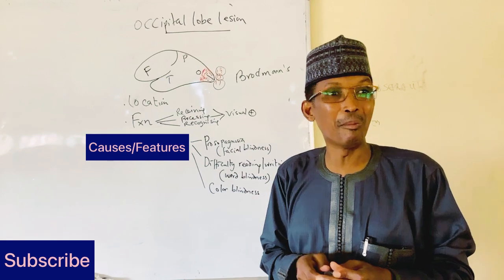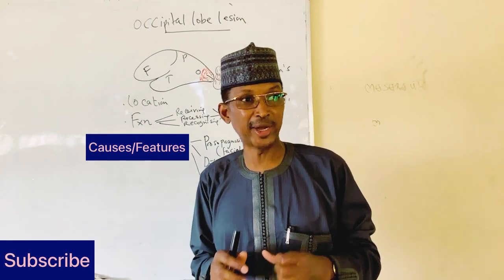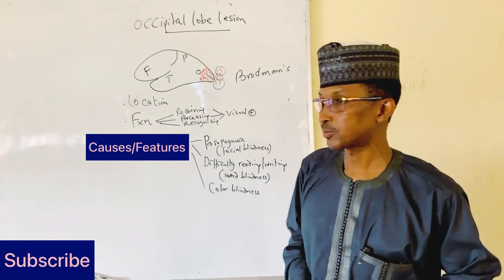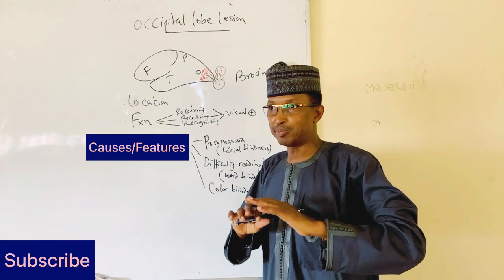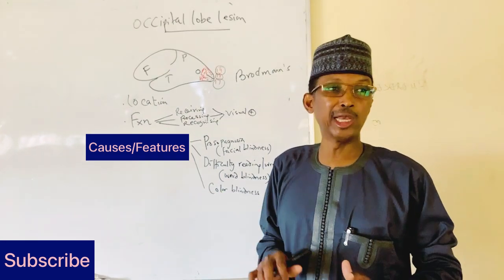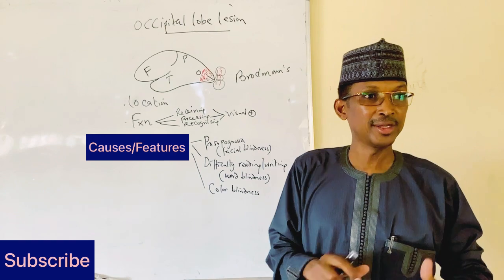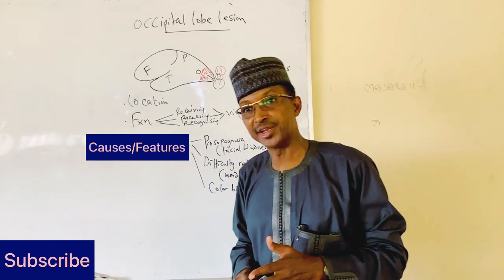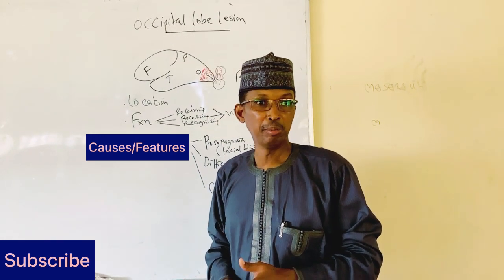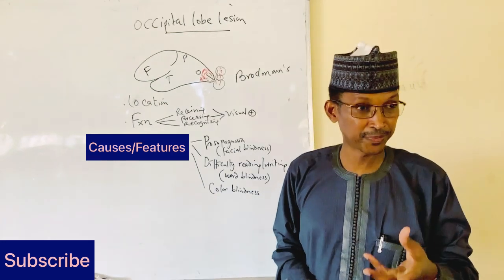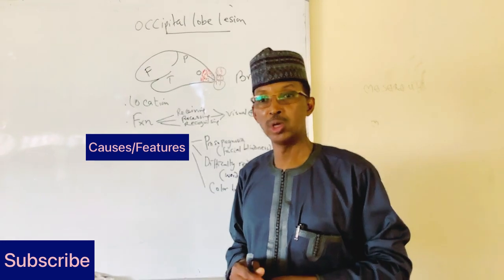Each of these numbers represents a particular function. But generally, the occipital lobe is responsible for, number one, vision. Secondly, memory. Memory to do with vision: what you have seen, and then you put it into memory.